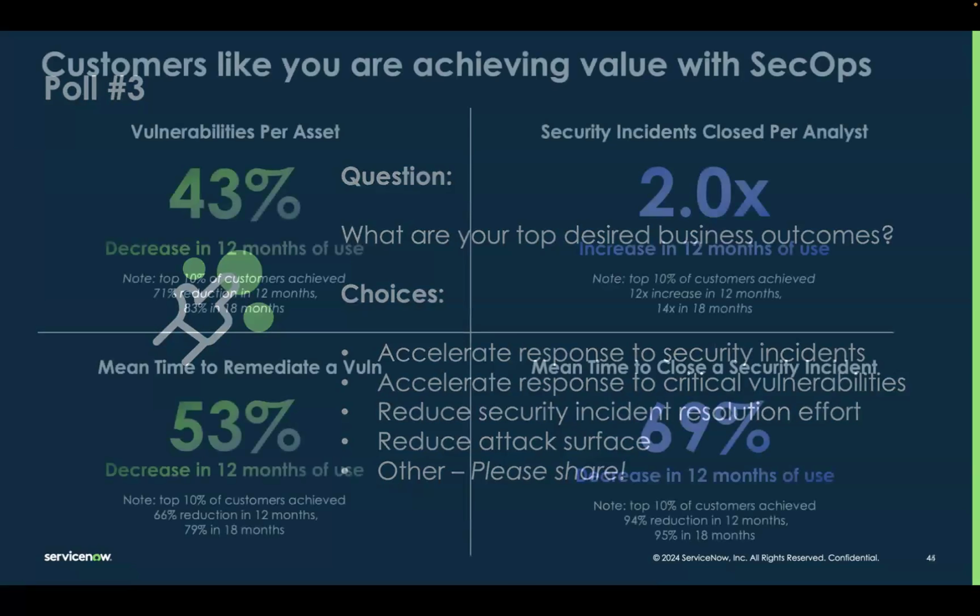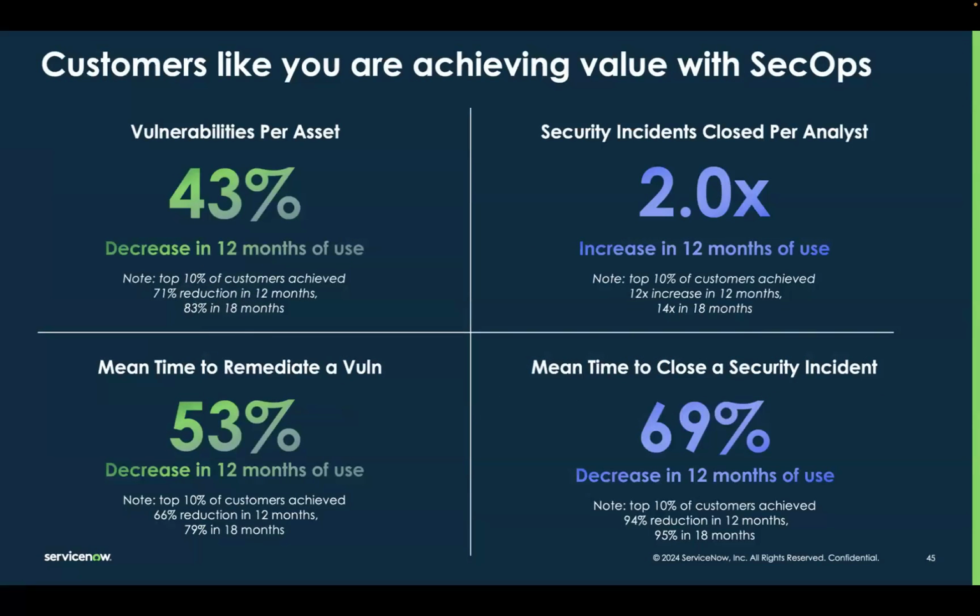All right, awesome. So what we are seeing here is the kind of value that our customers are achieving with SecOps. You can also achieve all of these things depending on what your priorities are. And so to highlight a few, security analysts closing 2 times the number of security incidents on average at 12 months and close to that at 6 months, cutting mean time to remediate a security incident or a vulnerability almost in half in like 12 months of use.